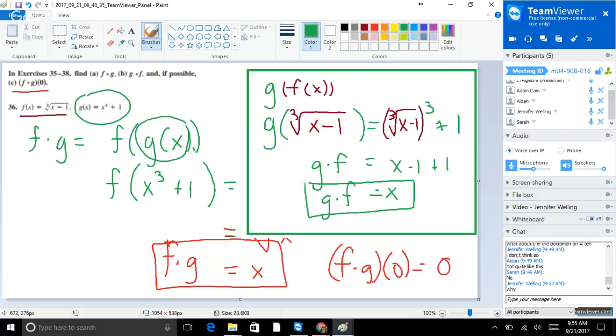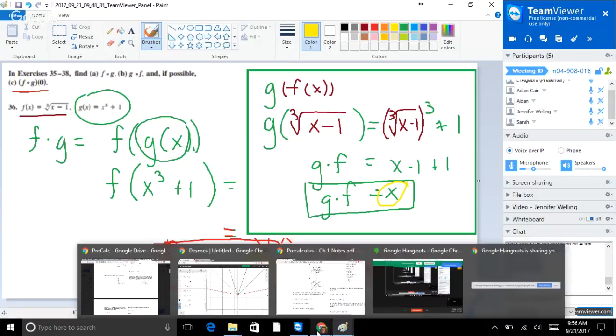The definition of an inverse of a function is when you compose the two functions, f composed with g and g composed with f, if they both have a result of x, then they are inverse functions to each other. So just kind of keep this in the back of your mind. These two are actually an example of an inverse function.